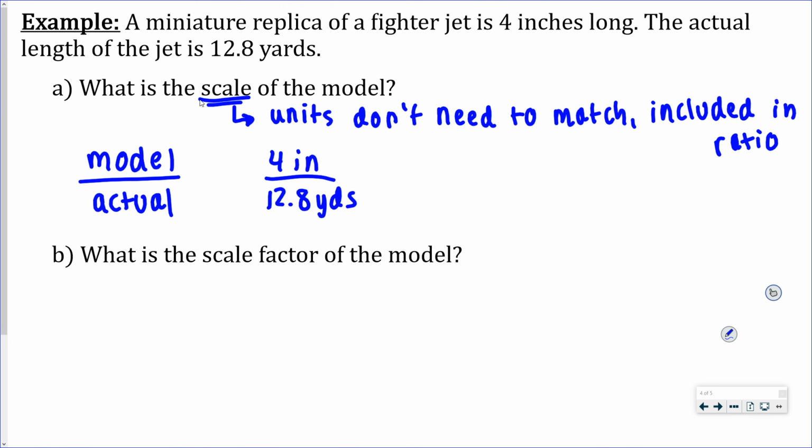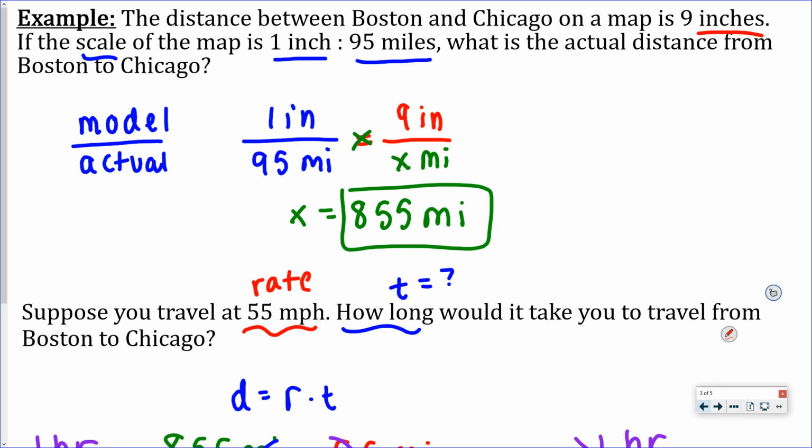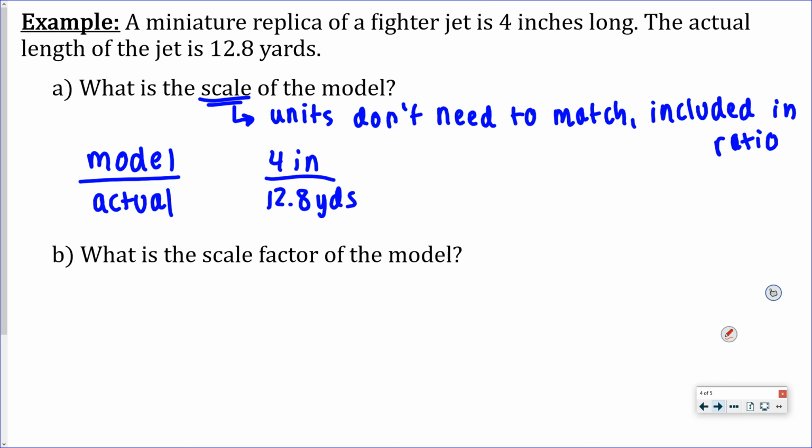But typically with scales, the smaller model or drawing is a 1. We want to know, for one of these units, how many units on the actual. So when you're writing a scale, a better answer, though again I would accept the reduced one, would be to divide these both by 4 so that you can figure out what 1 inch corresponds to on the actual jet.